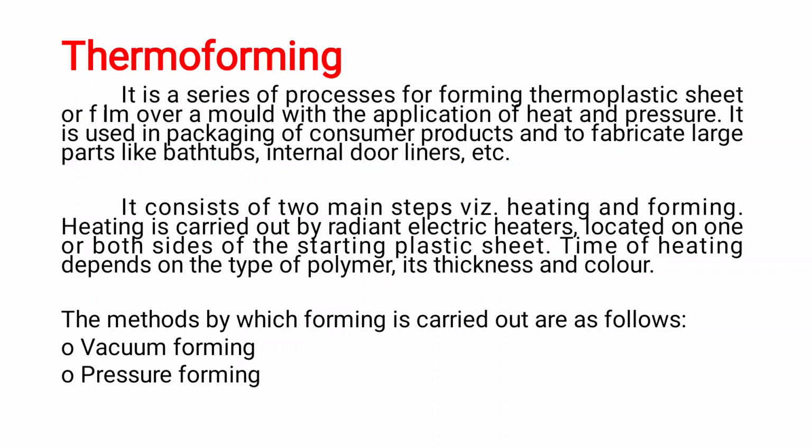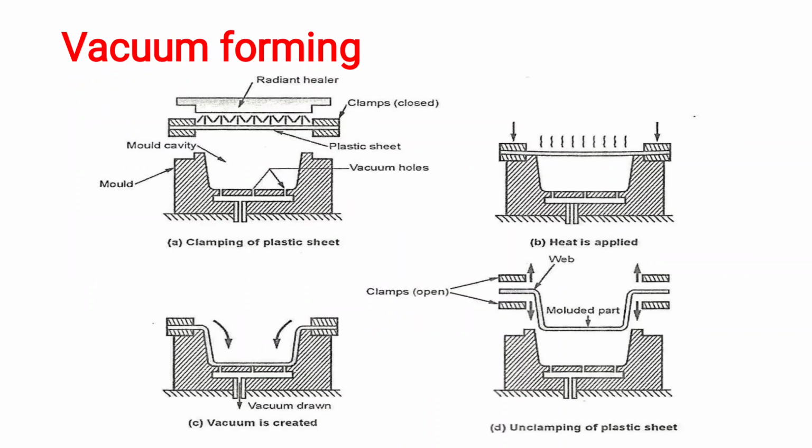The heating is carried out by radiant electric heaters located on one or both sides of the starting plastic sheet. The time of heating depends upon the type of polymer, its thickness and color. The forming methods are vacuum forming and pressure forming.